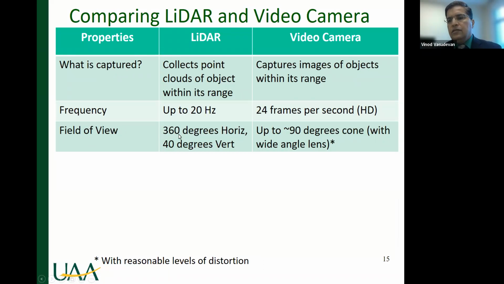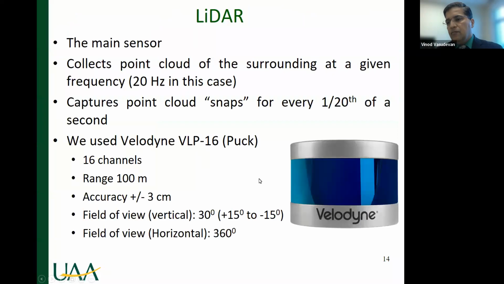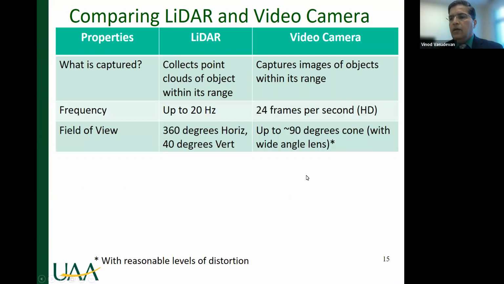The field of view is 360 degrees and 40 degrees vertical. The reason I say 40 is that, although I mentioned 30 degrees, that is from the bottom and back, so the effective field of view would be 40. You can get up to a 90 degree cone with a wide angle lens.